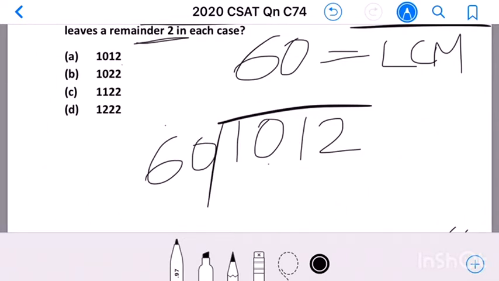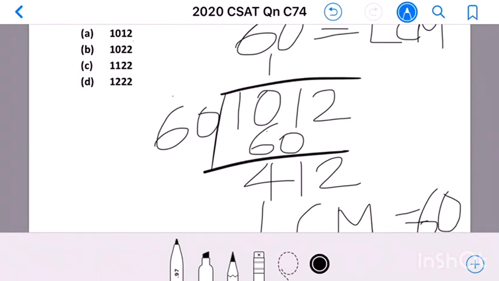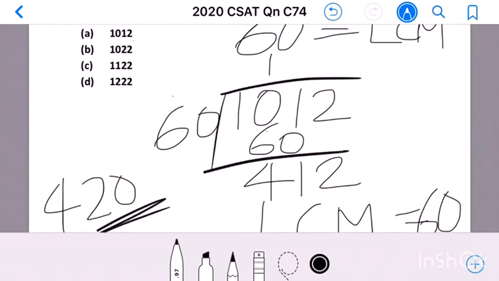In 101 there is 1 60. Then here 412. In 420 there are 7 60s. 7 into 60 we get 420. 6 into 60 we get 360. So here the remainder will be 52. Therefore the first option is not our answer.